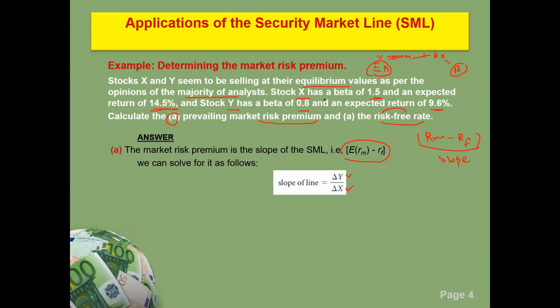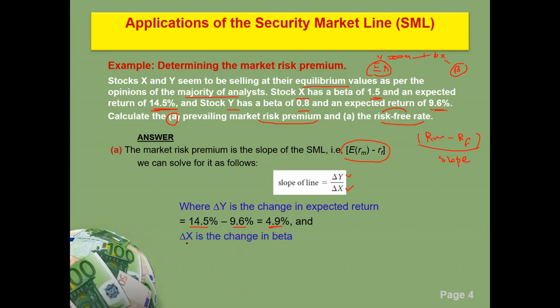So we have two expected returns: for the first stock 14.5 and for the second stock 9.6. Delta y is easy to calculate: first return minus second return, so we got 4.9. Similarly, delta x is first beta minus second beta.